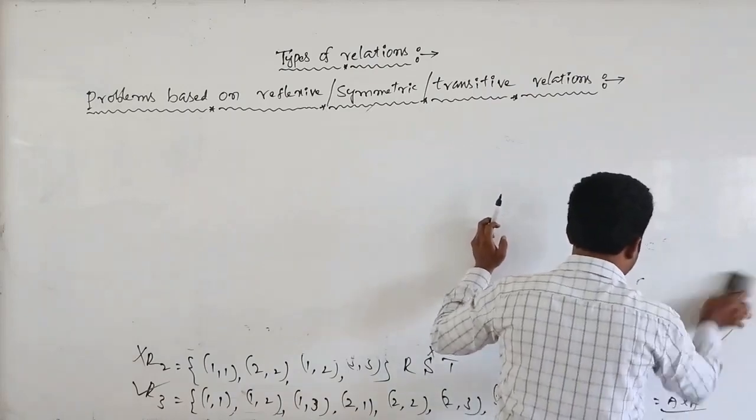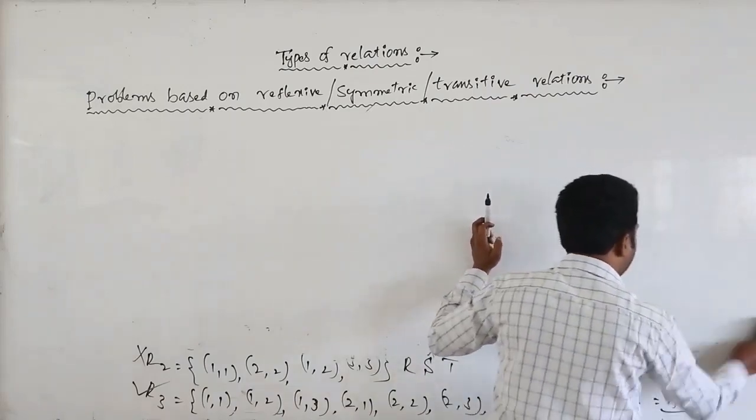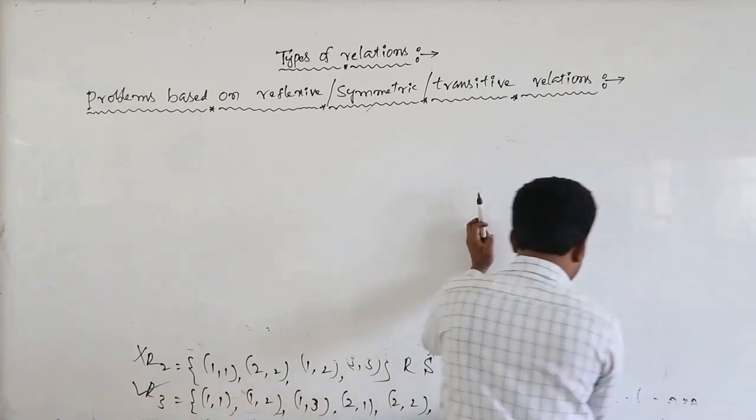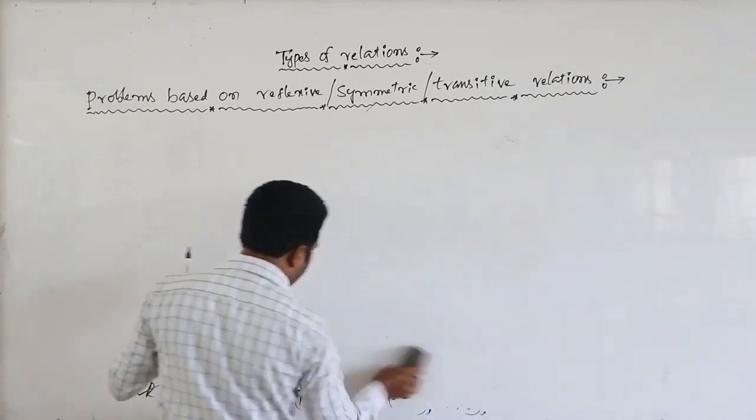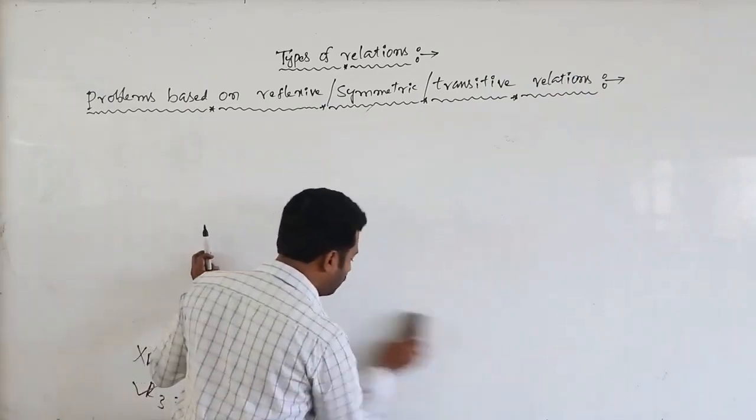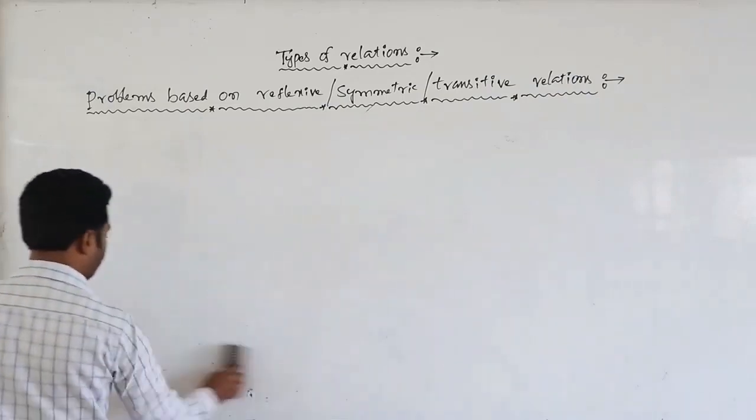First I will take one example. Suppose A contains only one element, then A contains two elements. How many equivalence relations can be formed?